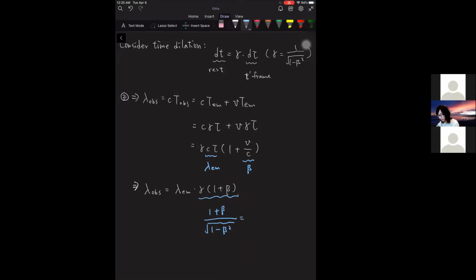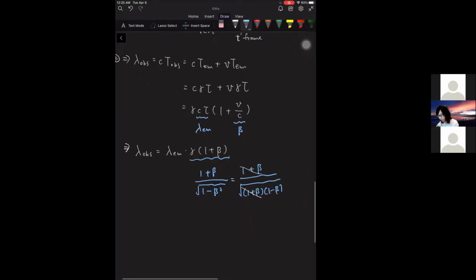Because we know 1 minus beta squared is simply 1 plus beta times 1 minus beta, we can cancel out the 1 plus beta here, and this gives us the square root of 1 plus beta divided by 1 minus beta.